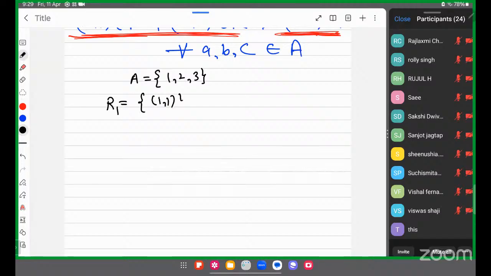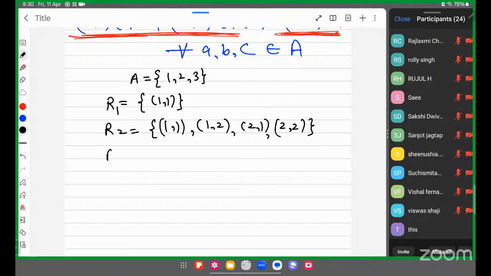Let's say again we have the same set A, {1, 2, 3}, and I have a relation R1 which is {(1, 1)}. I have a relation R2 which is {(1, 1), (1, 2), (2, 1)}. Or let me write one more element, (2, 2).